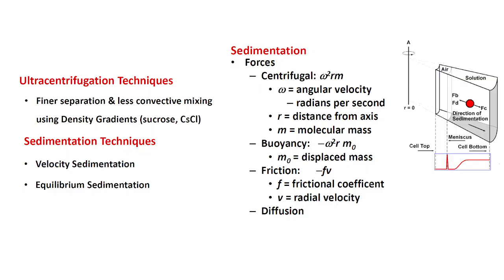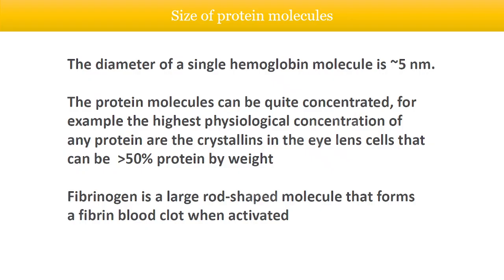It uses the centrifugal force, which depends on the angular velocity in radians per second, the distance from the axis, and the molecular mass. It is also related to buoyancy, the effect of the displaced mass, the frictional coefficient, the radial velocity, and obviously the diffusion that occurs throughout the sedimentation process.